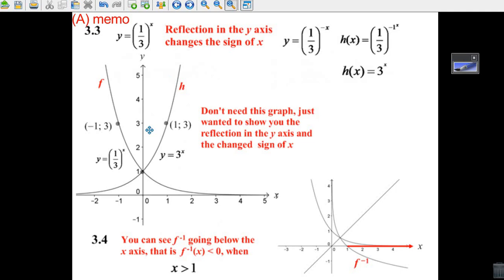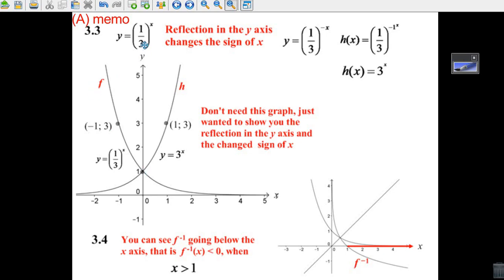The next question says, determine h, the reflection of f in the y-axis. Well, there's your f. To reflect in the y-axis as a mirror, there's a rule: whatever x is, you change the sign. So instead of minus 1 and 3, you make it 1 and 3. Instead of 0 and 1, the minus of 0 just stays the same.